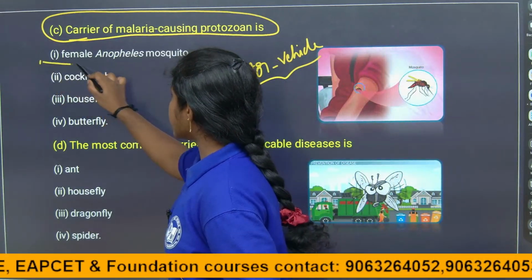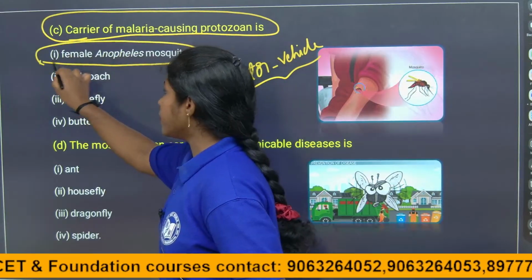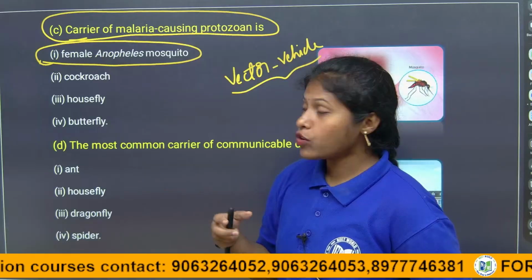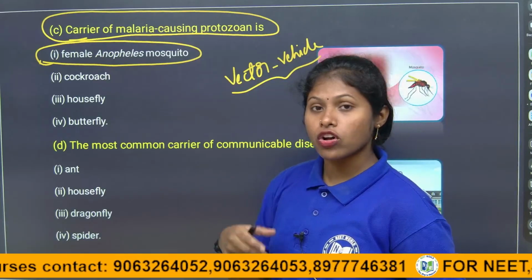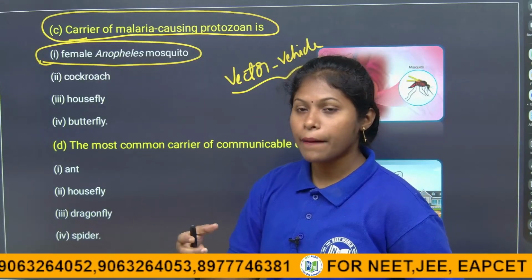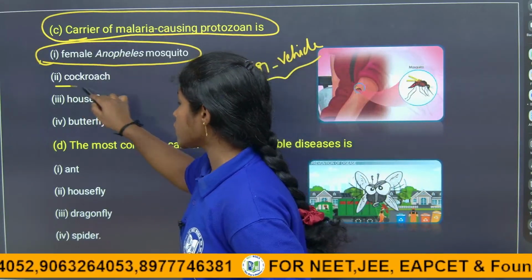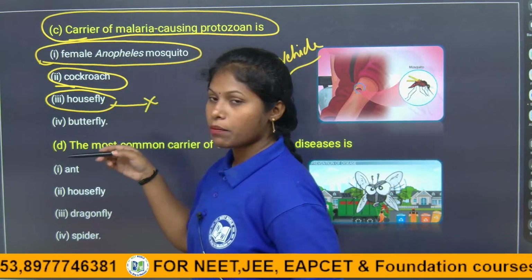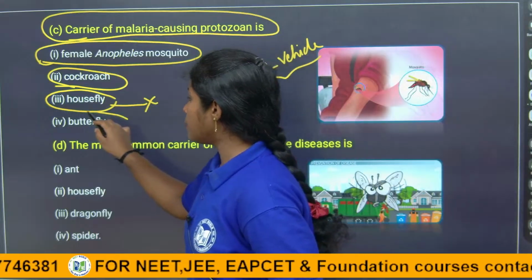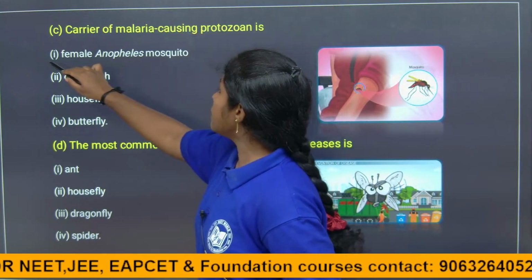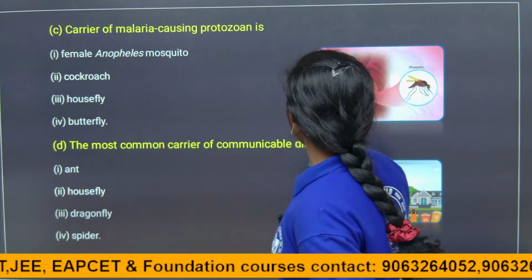The direct answer is the female Anopheles mosquito, which transmits malaria to a healthy person. The cockroach is not the correct answer. Housefly, no, it is also not the carrier. It will not bite. And butterfly is also not the answer. So the answer is the female Anopheles mosquito.